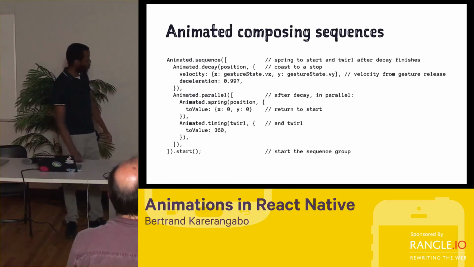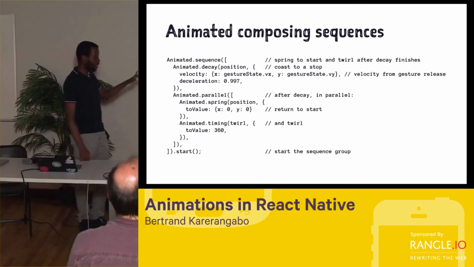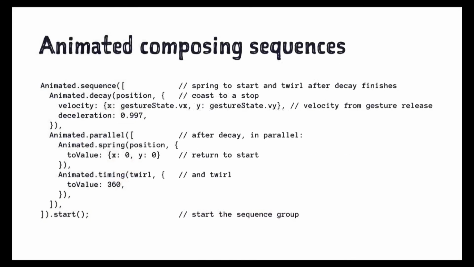This is going to be very small, but if everybody can see this, on Animated we just call sequence and pass it an array. In this case, we're passing a decay that tracks the x and y of a gesture. And here, in parallel, we have a spring animation.